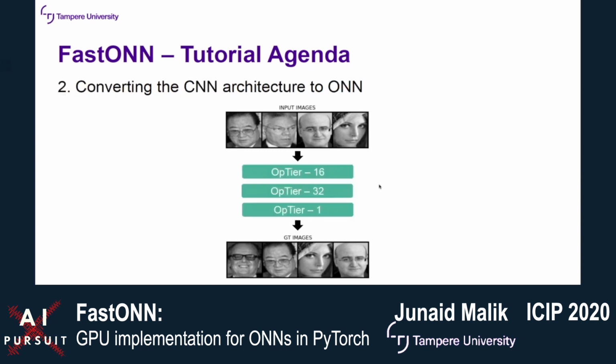A simple CNN architecture. Then we will see how we can convert the CNN architecture to an ONN based architecture with a given operator set. We will again train this network, and finally we'll also see how we can convert the CNN layers to self-ONN layers and then compare the performances of the 3 variants.